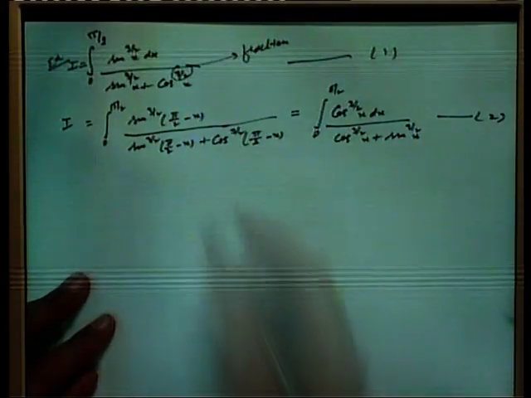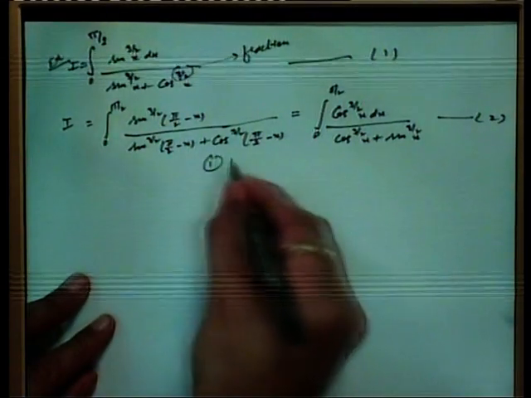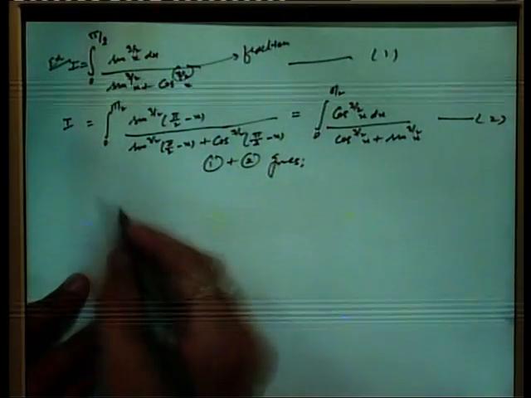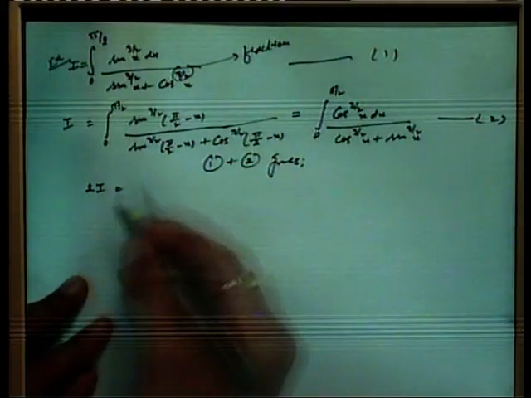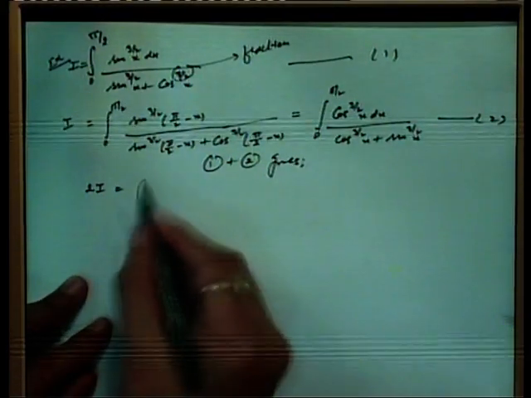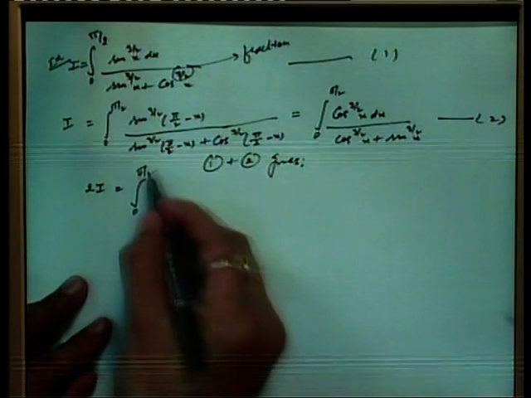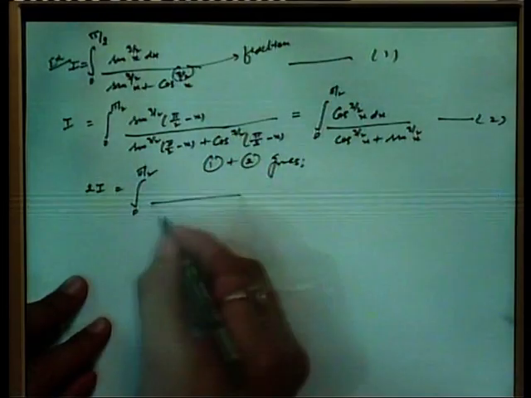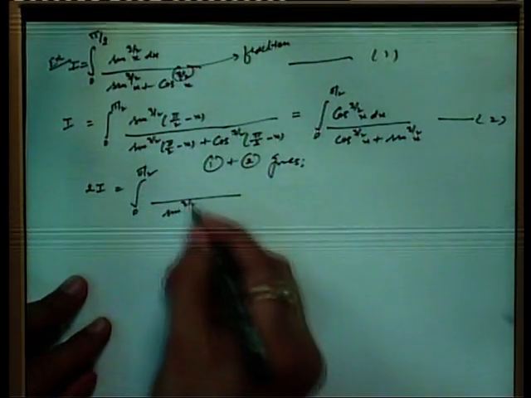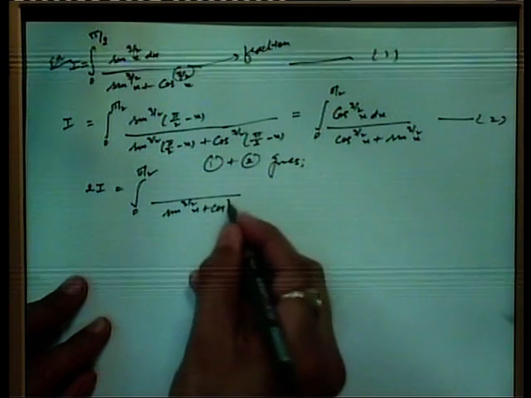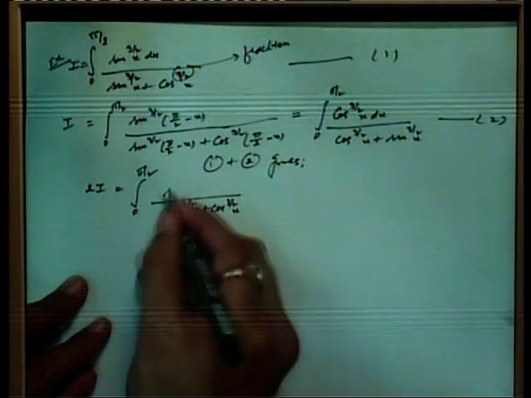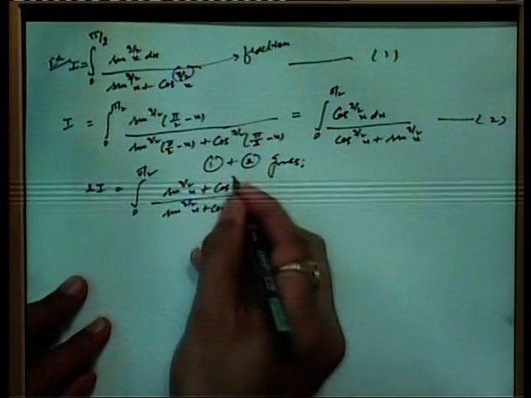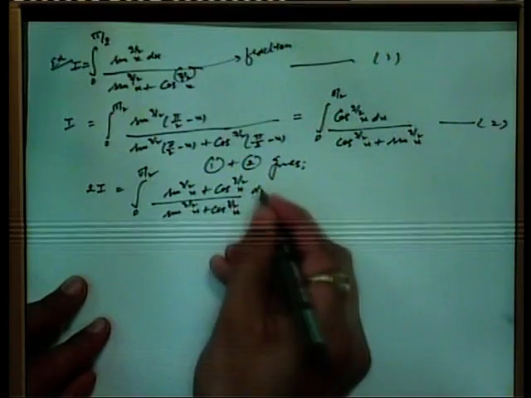Again, as in the previous example, adding 1 and 2 gives I plus I is 2I. So you get the integral with limits 0 to pi by 2. The denominator is the same: sin^(3/2) x plus cos^(3/2) x, dx.